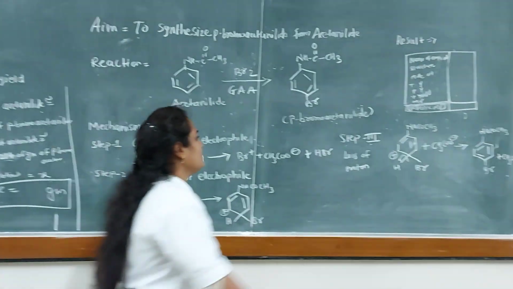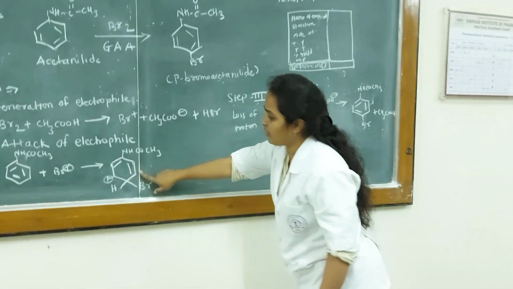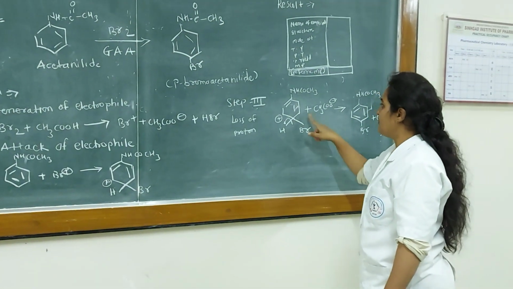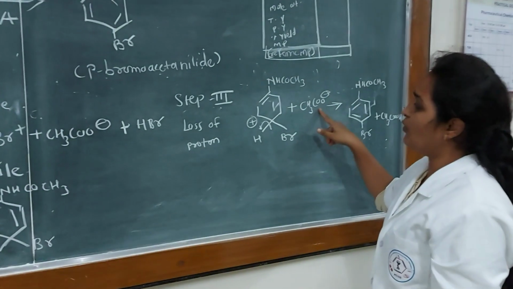Then the next step, step 3, is loss of proton. This product, with NHCOCH3 and Br and H, reacts with the nucleophile CH3COO minus.